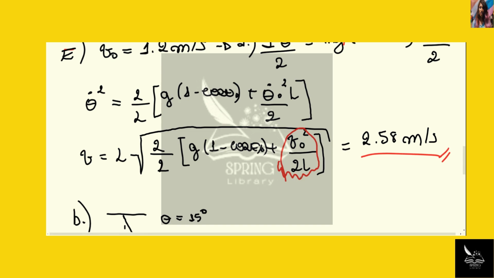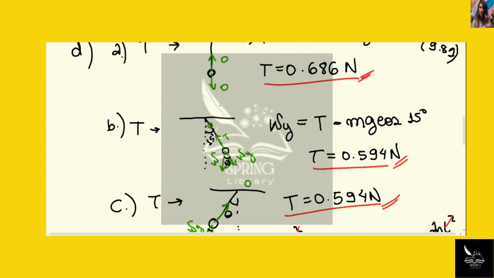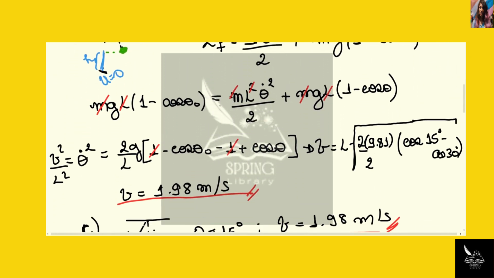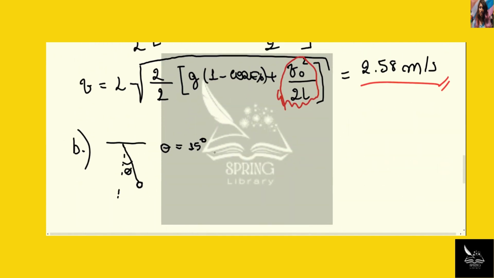So basically, we're just going to rewrite the expression that we found in question B, adding a term of plus V0 squared divided by 2L. Okay, so let's do this. You can see that we are going to save lots of time by noticing this trick.